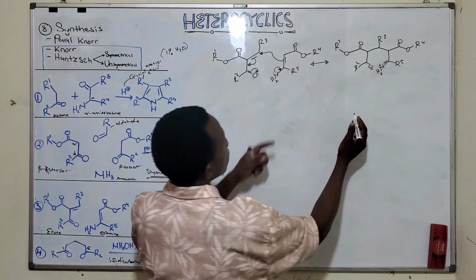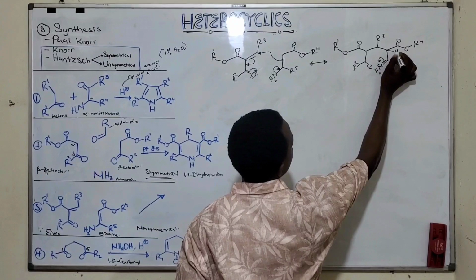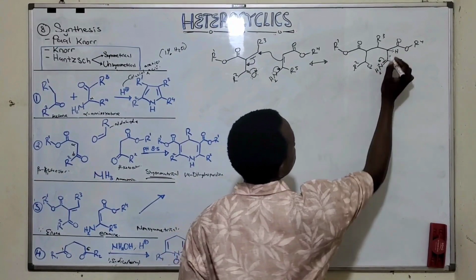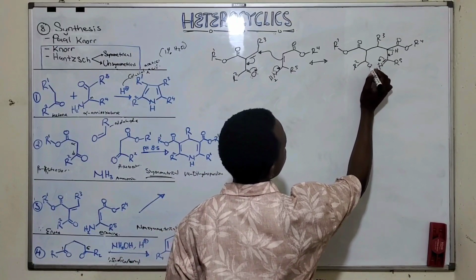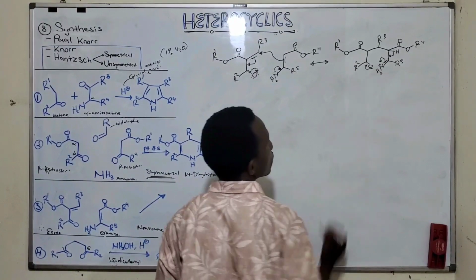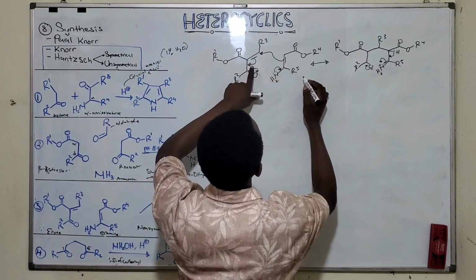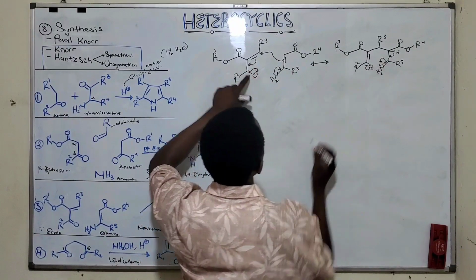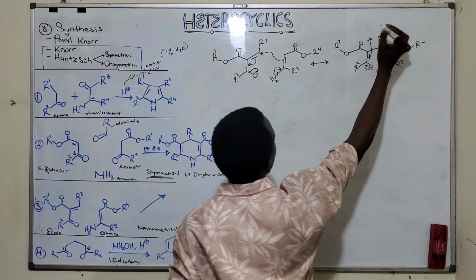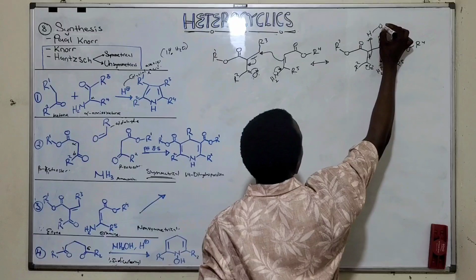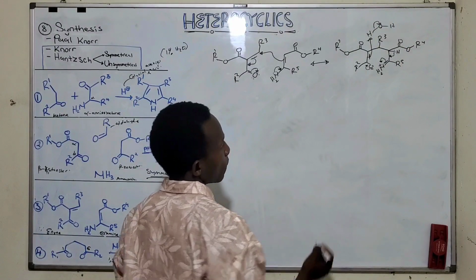So as it tries to stabilize, here there is a hydrogen atom, so it forms a bond there, and it is lost. As also this one tries to stabilize, it forms a bond back. Here, remember, we formed a double bond. There's a double bond formed as this one attacked a proton from a water molecule.